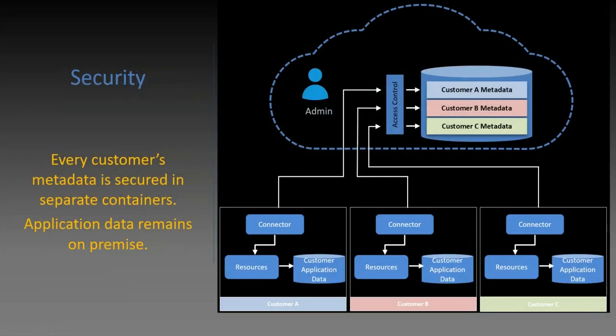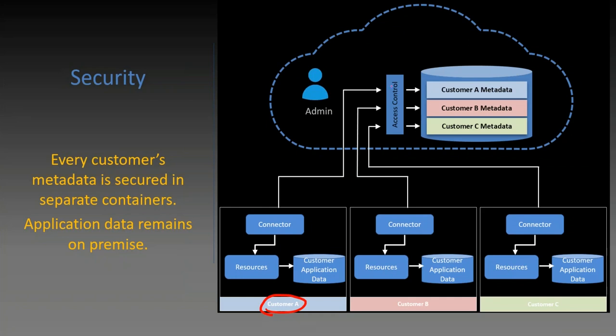Each customer that comes into the cloud will have their metadata secured within their own separate containers, and those containers are deployed over multiple regions to provide high availability. One thing you'll never see is your resources within the cloud. Your resources will always be on site. Customer A will define their resources and have a connector, with application data all stored locally.